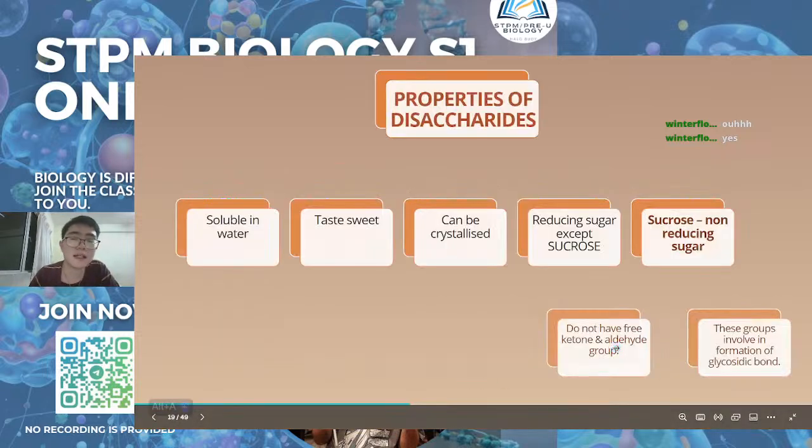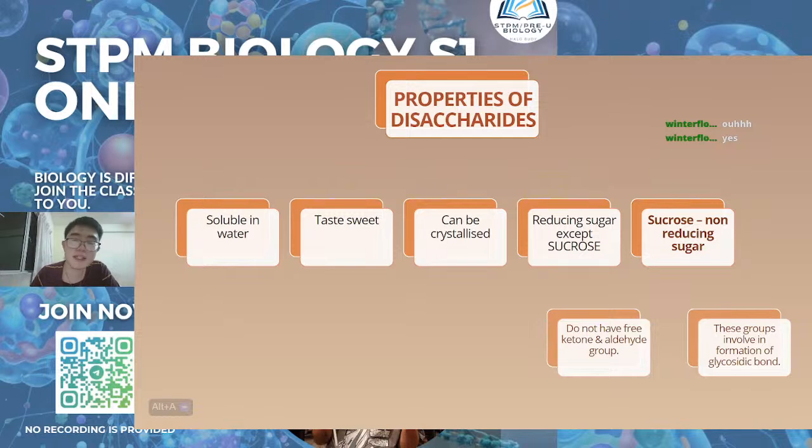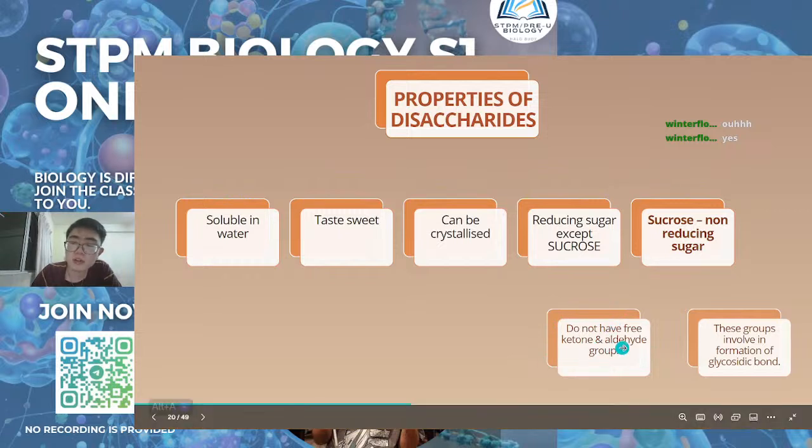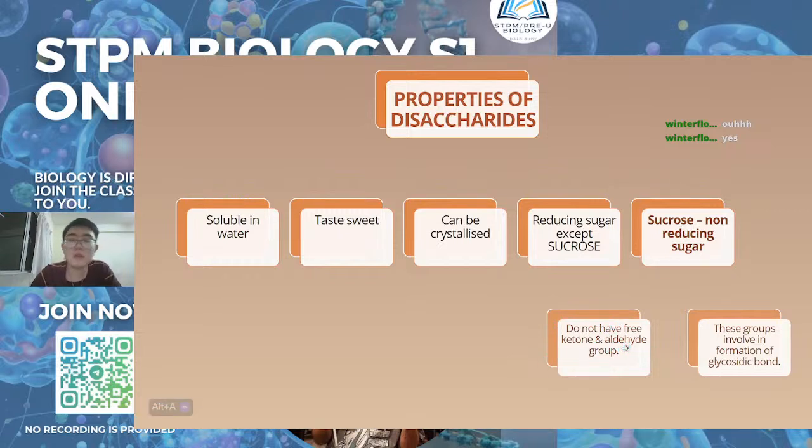So normally the property of disaccharide is the same as monosaccharide, except sucrose acts as a non-reducing sugar. So why is sucrose a non-reducing sugar? Because sucrose does not have a free ketone or aldehyde group. If you know the theory, for a sugar to be a reducing sugar, it needs to be able to reduce.